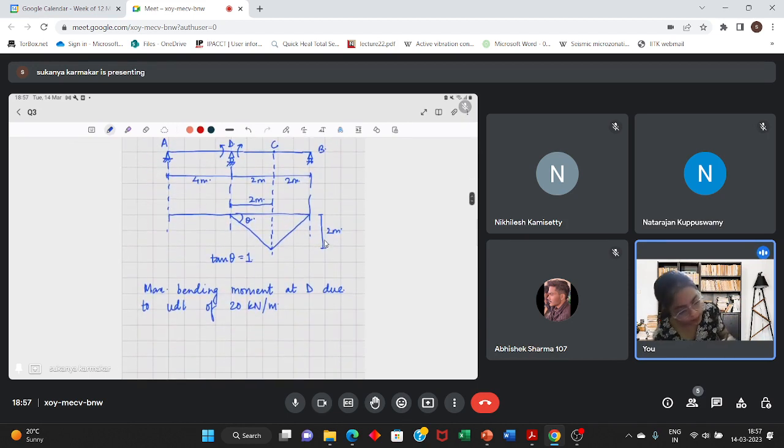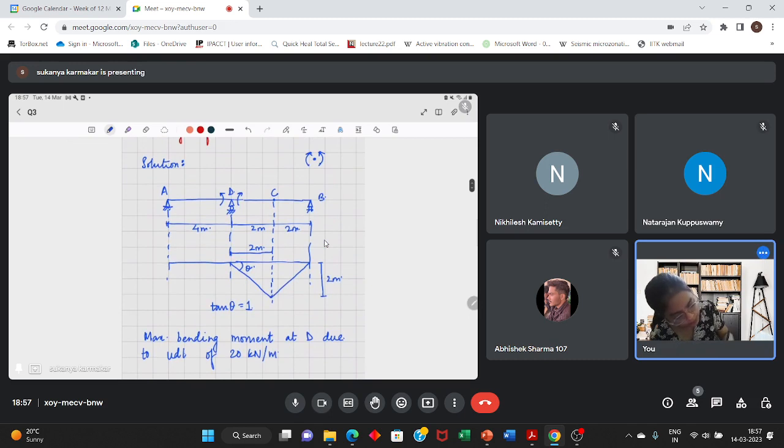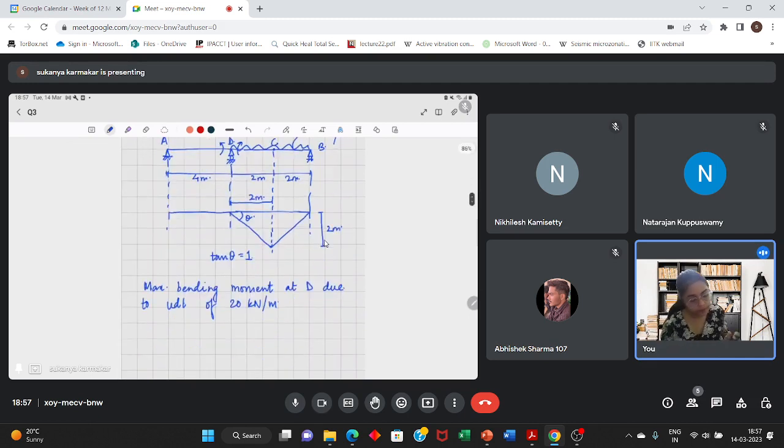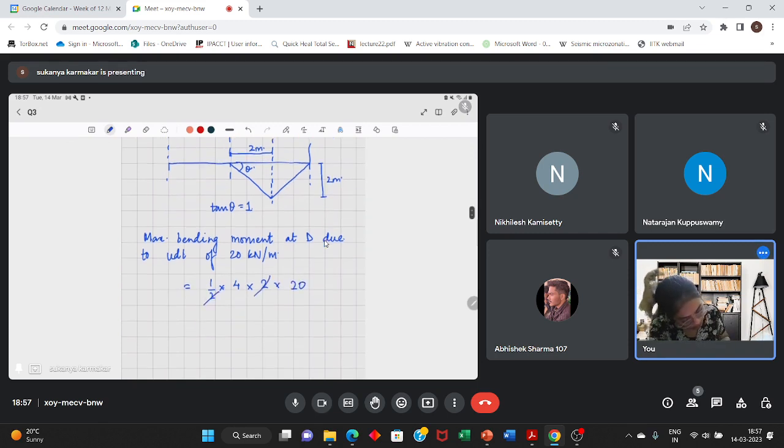So it will simply occupy this much portion, 20 kilonewton per meter. This will be half into base 4, height 2, into 20. So it is 80 kilonewton meters.